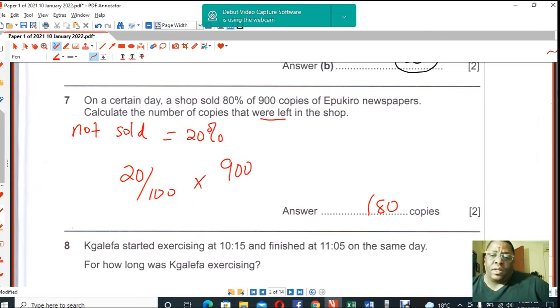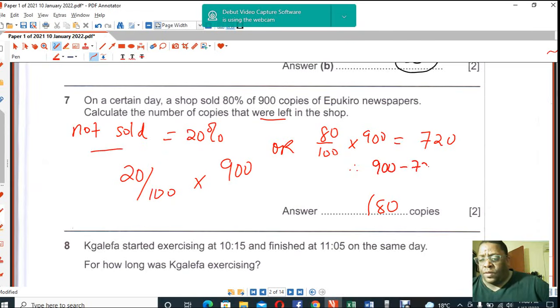Other students would maybe say, what is 80% of 900? That should give you 720. Then the ones that are left will be 900 minus 720, which also gives you 180. Either way, whatever you do, you should arrive at this answer.